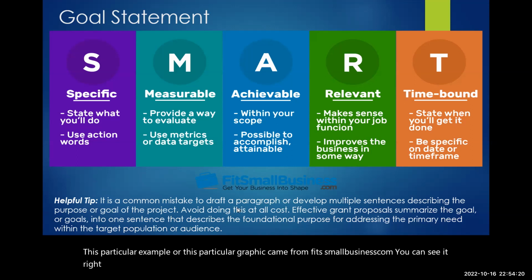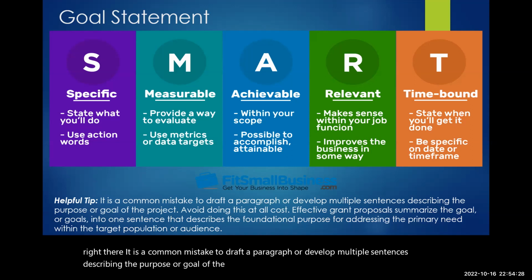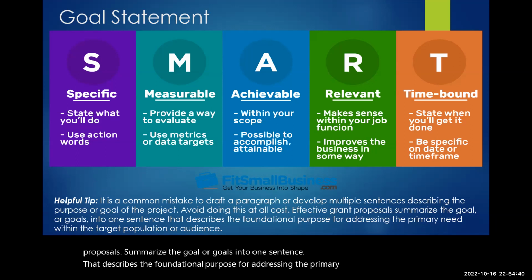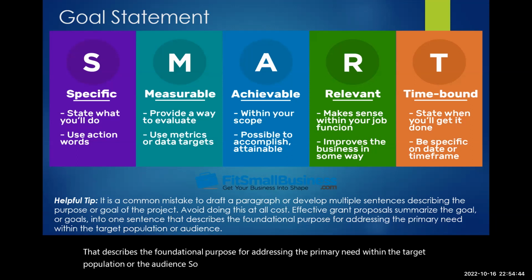It is a common mistake to draft a paragraph or develop multiple sentences describing the purpose or goal of the organization. Avoid doing this at all costs. Effective grant proposals summarize the goal or goals into one sentence that describes the foundational purpose for addressing the primary need within the target population or the audience. So this is not talking about the specific goals.